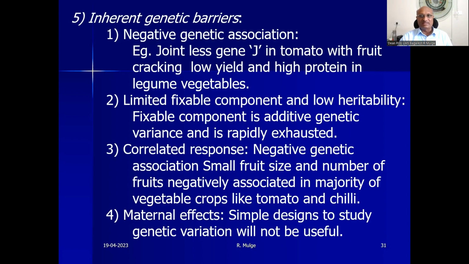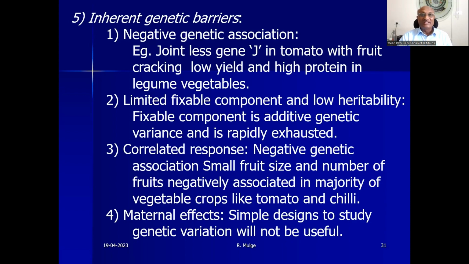Just isolation is sufficient. It's not like hybrids or some other products where seed production itself is a problem. So in that sense, limited fixable component. If the additive component is less in your population, then you are bound to look for something else.